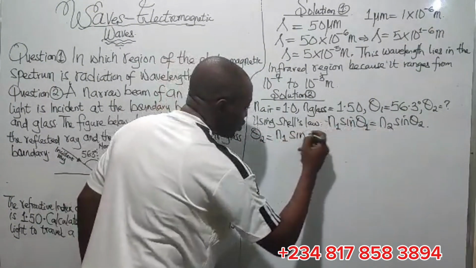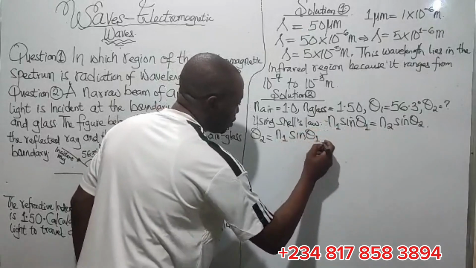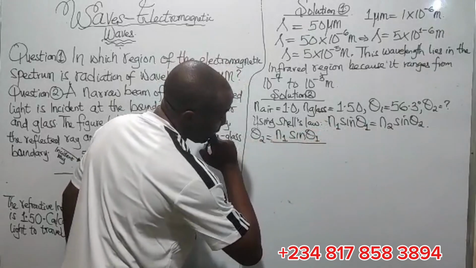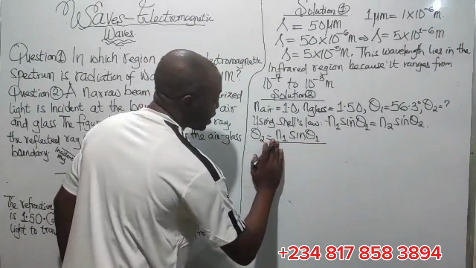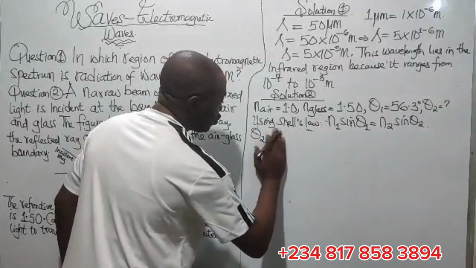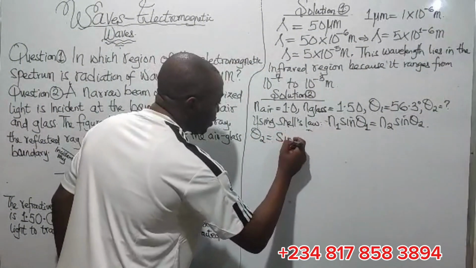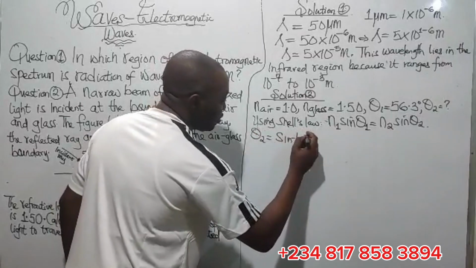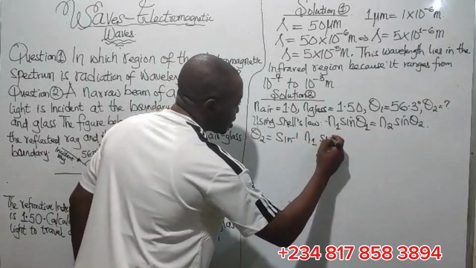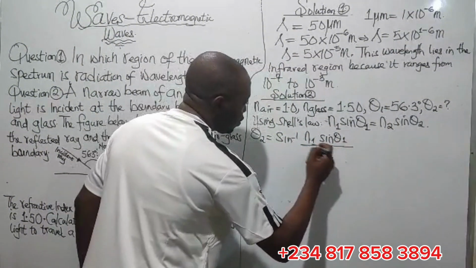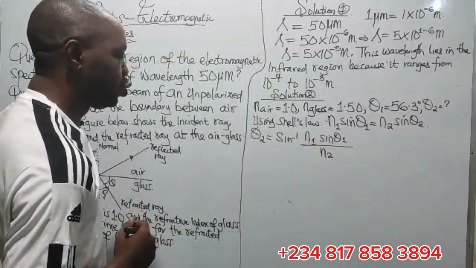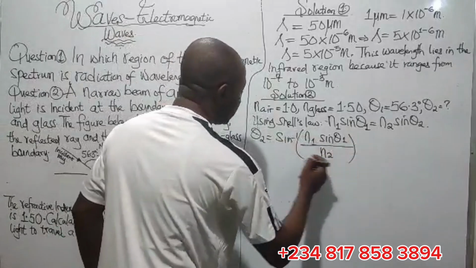When we rearrange this equation, we have sine θ2 equals n1 sine θ1 over n2. So we can express this as θ2 equals the inverse sine of n1 sine θ1 divided by n2.